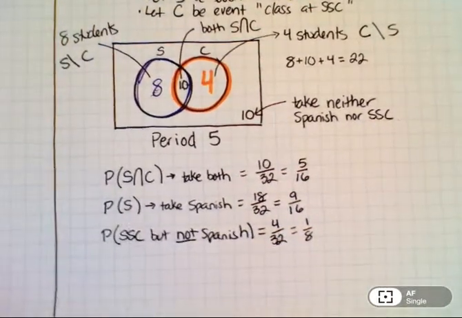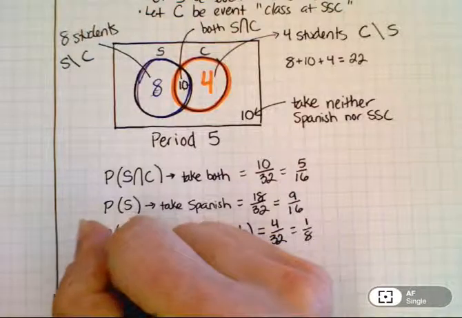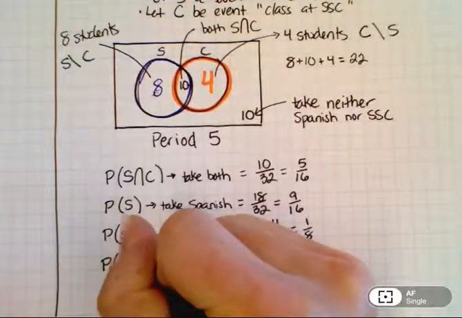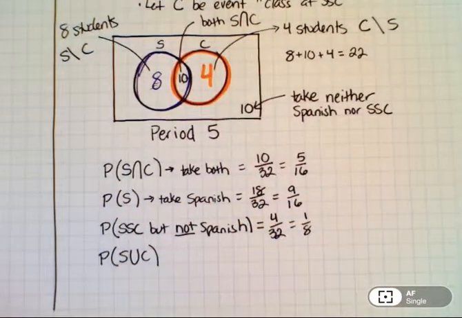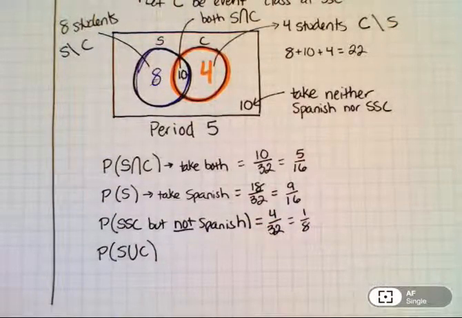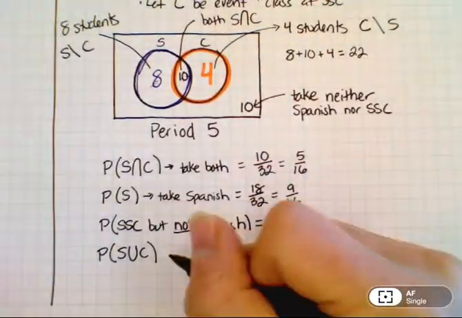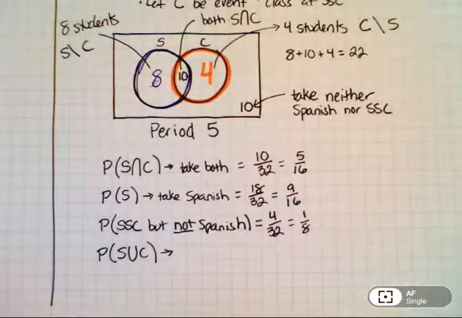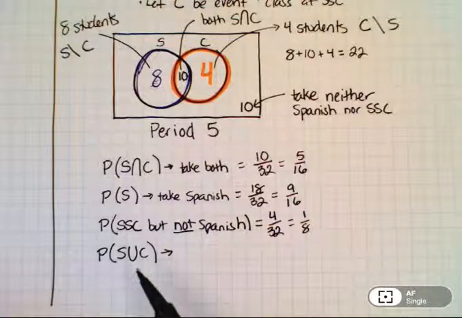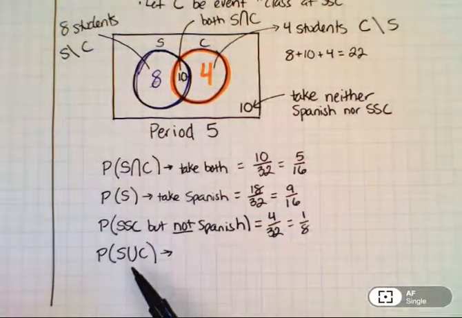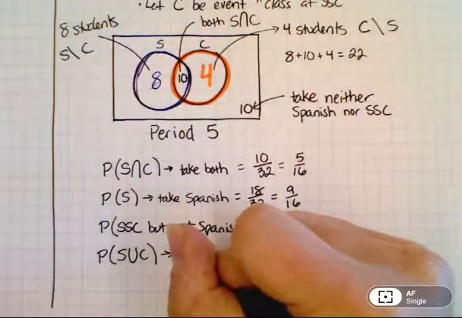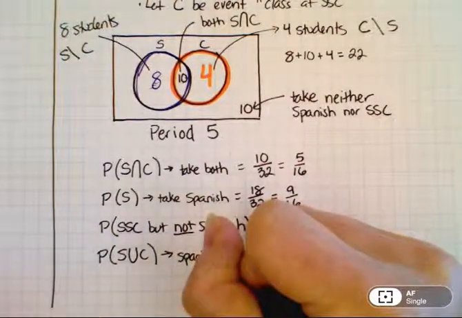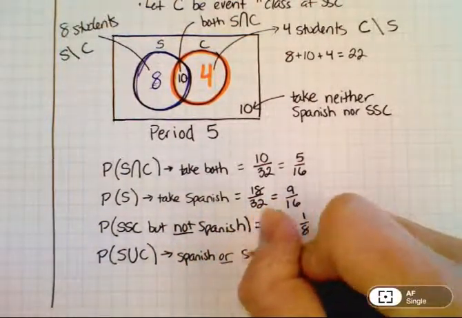And I think we'll do maybe one more. So I want you to think about what this means, the union of S and C. What does that mean? So the union of S and C means students who take Spanish or a class at SSC.